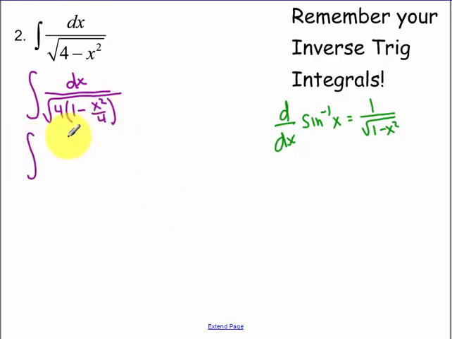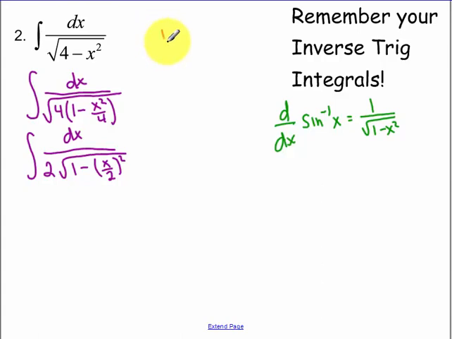And simplifying that root 4, we get 2 square root of 1 minus, I need to change that x squared over 4 into something squared. It's kind of easy. Later examples are not going to be that easy. X over 2.